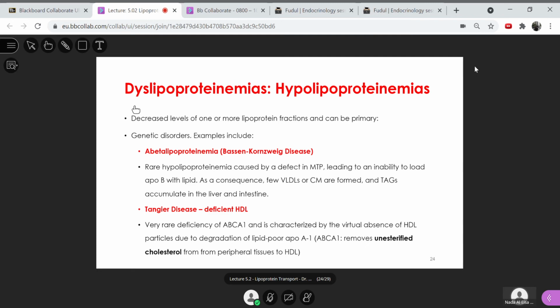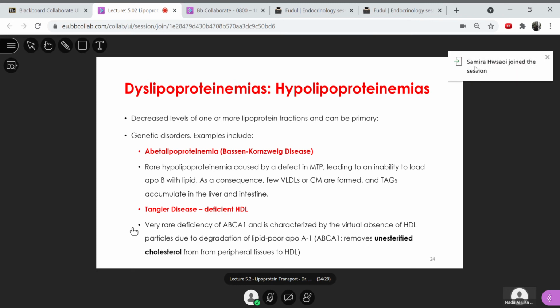So we have 2 classes of these lipoproteinemias, hypolipoproteinemias or hyper. Let's start with the hypolipoproteinemias. When are they harmful? When there are low levels of HDL. We have Tangier disease as an example. Tangier disease is extremely rare.